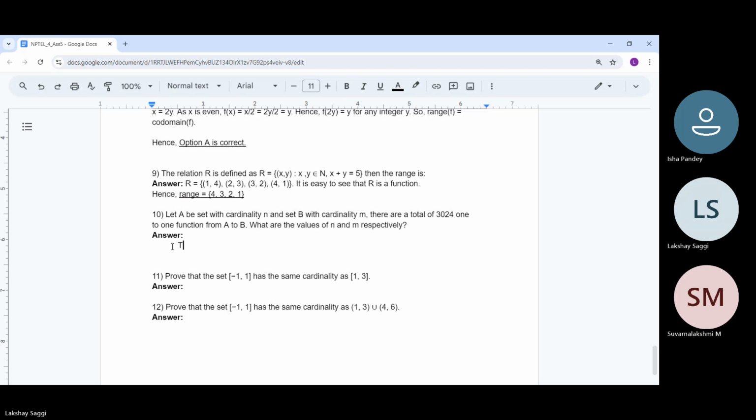This has also been somewhat discussed in the lectures, but I'll just again write the total number of one-to-one functions from A to B. So what will this be equal to? If the cardinality of A is n and the cardinality of B is m, what will be the total number of possible one-to-one functions from A to B in terms of m and n?